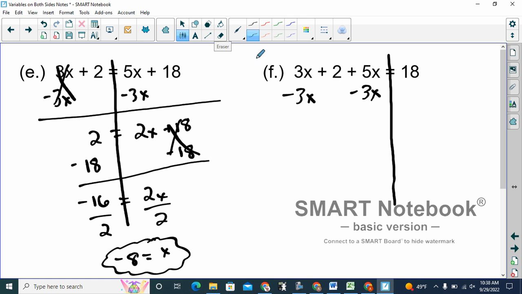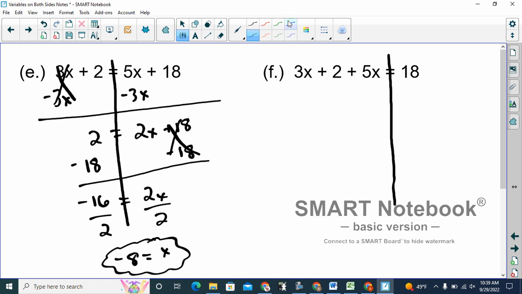That is not a legal step because I did it twice on the same side. So that's why I've encouraged you always to draw this vertical line down so we can double check to make sure anything I'm doing on one side, I'm doing the same thing on the other side of the equal sign.